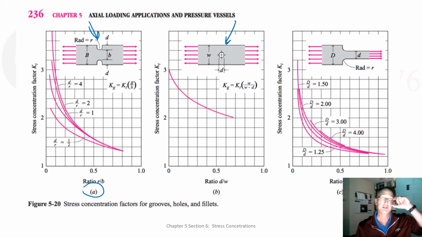I think this is the more common, and not necessarily, but easier to use plot of all of them. And then this third one, C, is the stepped bar. And I'm not going to say this is not a stepped bar, this is a stepped shaft.